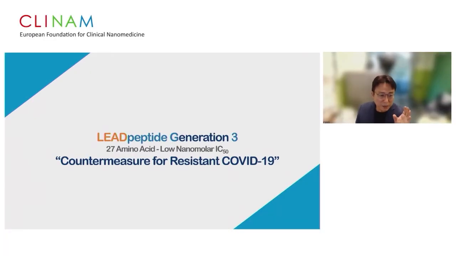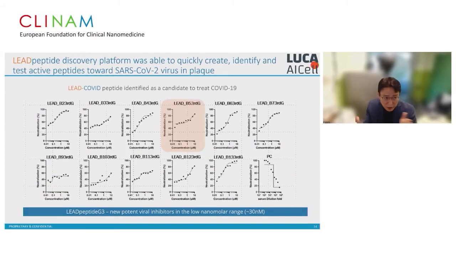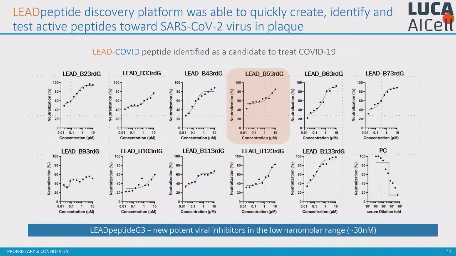So the lead peptide generation 3 concept uses a 27-amino-acid peptide with a low nanomolar IC50 value as a countermeasure for resistant COVID-19. We designed various peptides and tested them with COVID-19, and you can see a new potent viral inhibitor acting in the low nanomolar range, around 30 nanomolar, and so on.